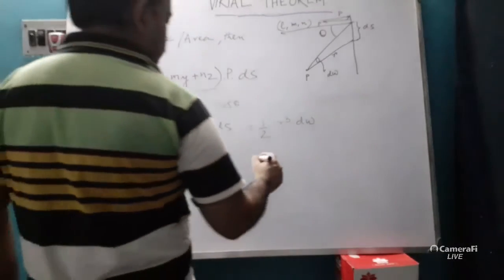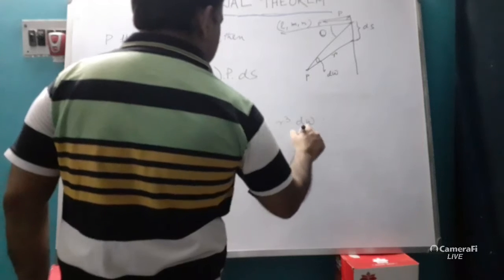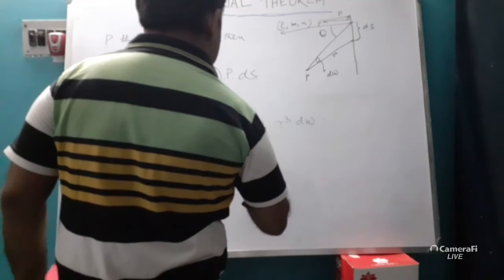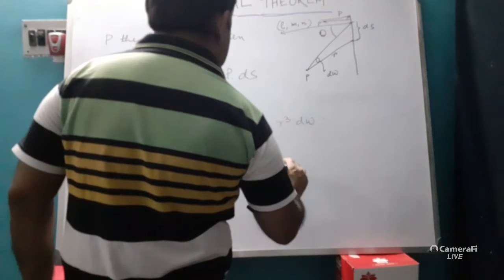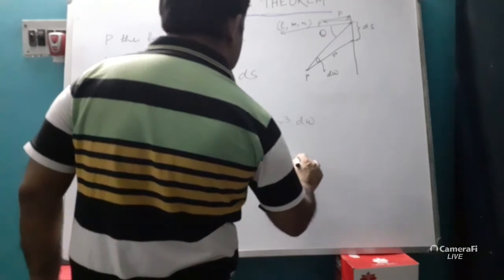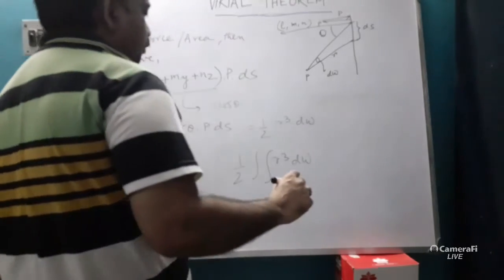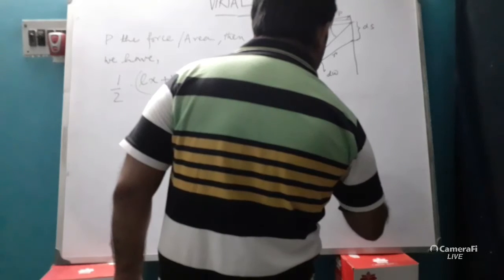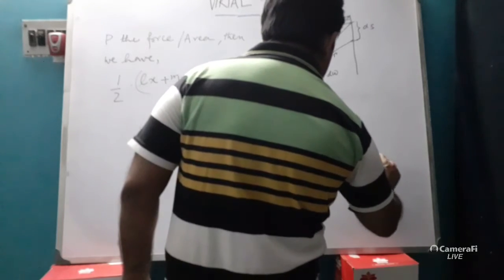Now integrating over this d omega, half r cube d omega, we obtain 3 by 2 dV.